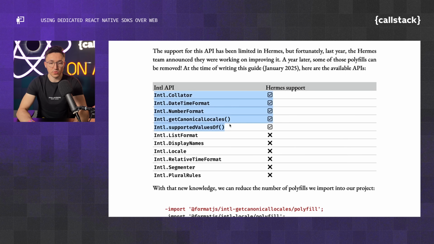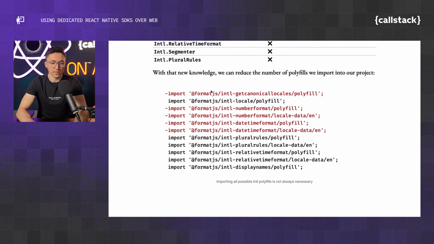And we use a lot of those in our project. So we can see that we can remove almost half of those polyfills from our application. And we hope that this would translate to smaller JavaScript and smaller app size and essentially faster time to interactive.